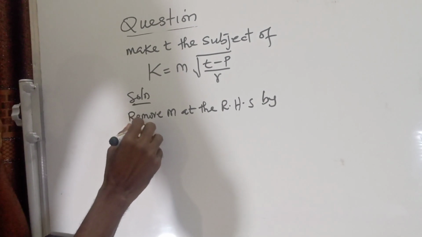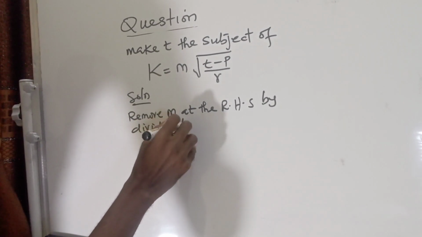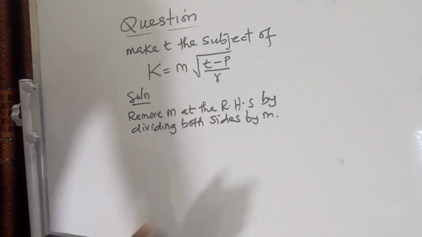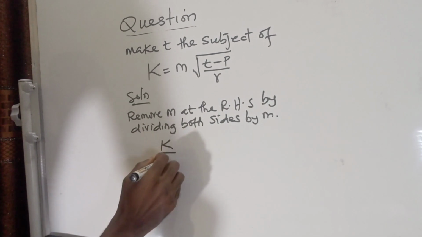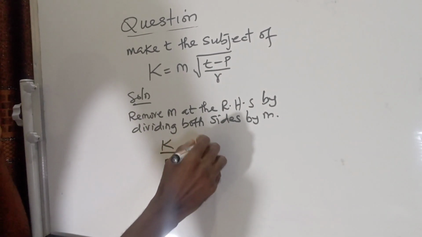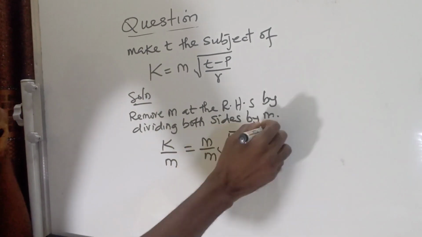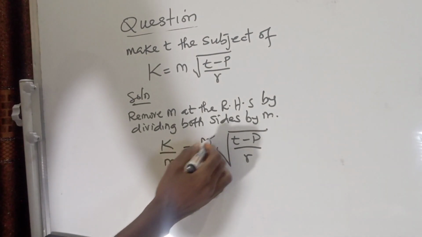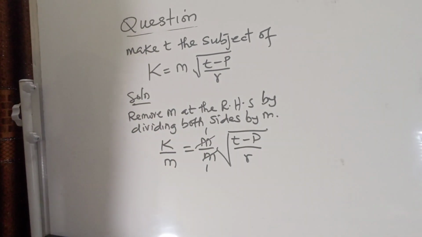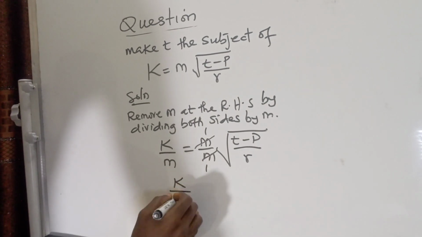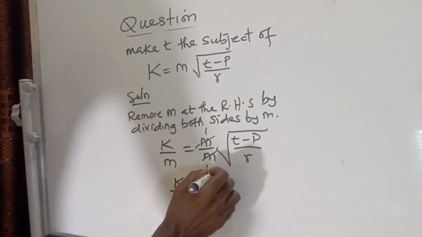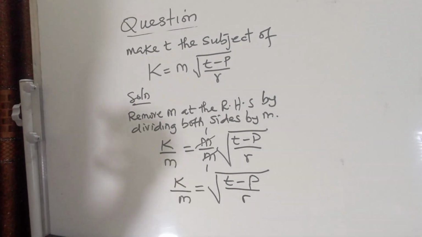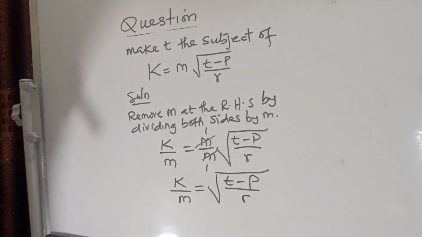We are going to divide both sides by M. So I have K divided by M is equal to M divided by M times the square root of T minus P all over R. This will enable us to cancel out the M, so that we are left with K divided by M is equal to the square root of T minus P divided by R. So that's our first step.